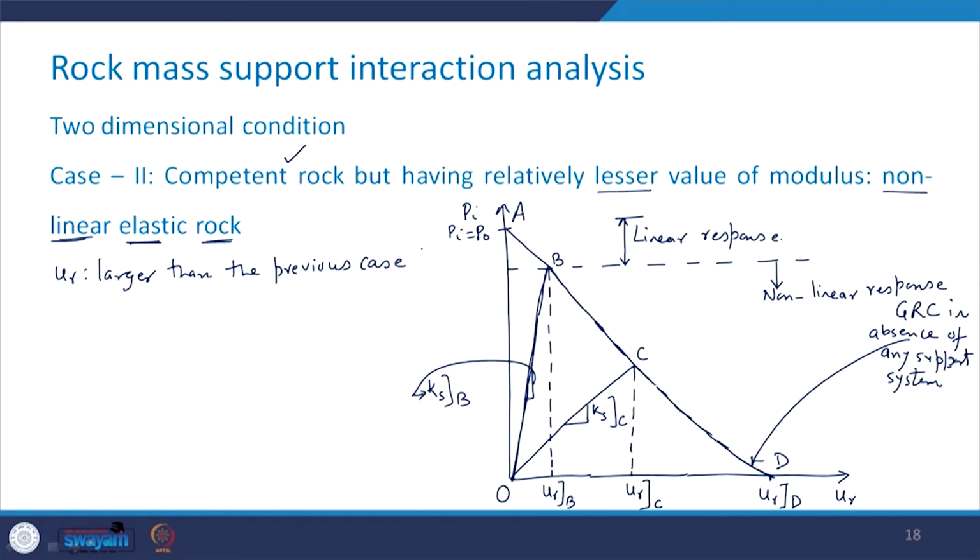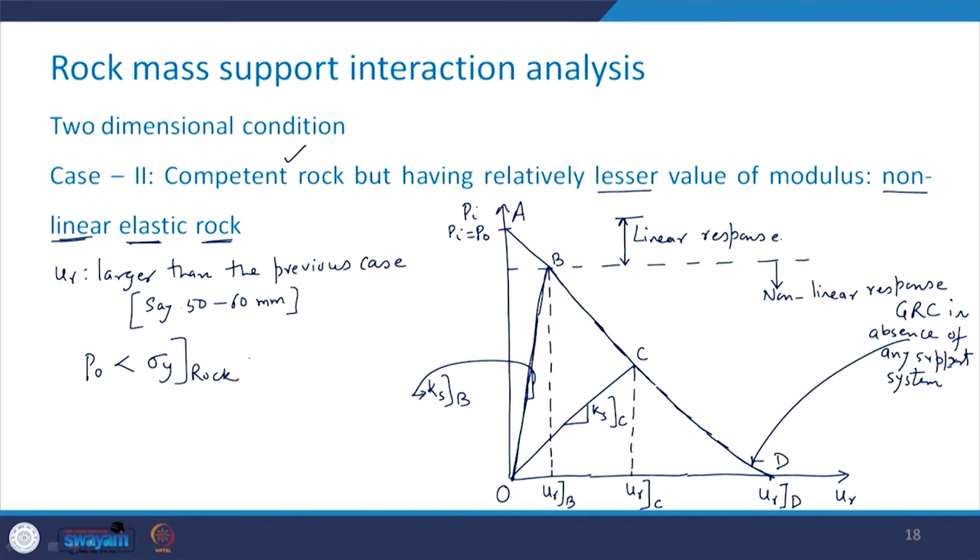So the behavior was linear elastic. So in this case it can be, let us say, of the order of 50 to 60 mm. In this case, this P naught is less than sigma y of the rock.